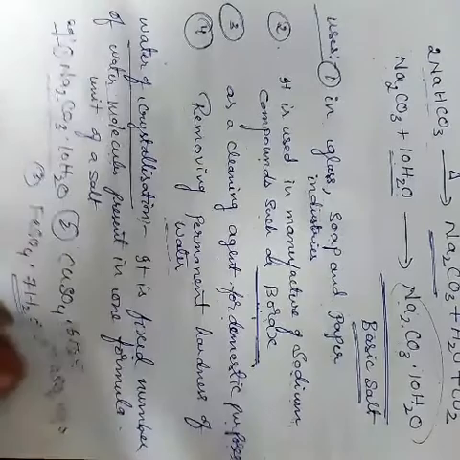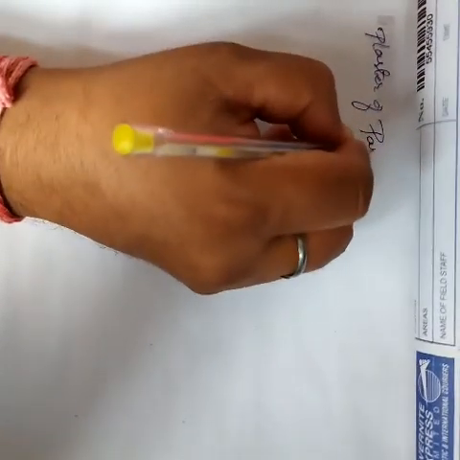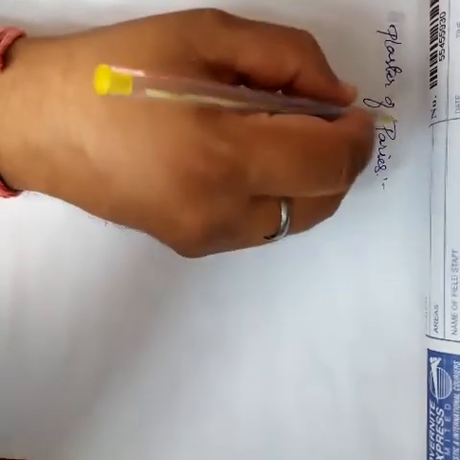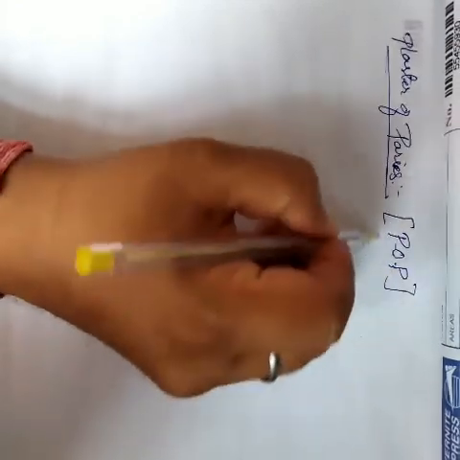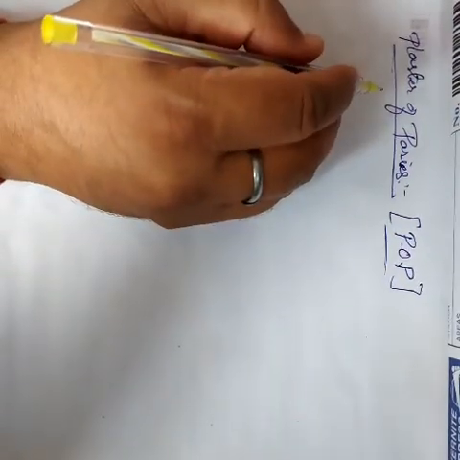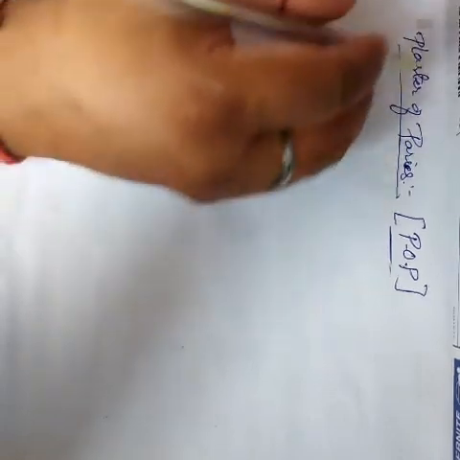The last topic in this chapter is plaster of Paris, commonly called simply POP. POP means plaster of Paris. How is it formed?